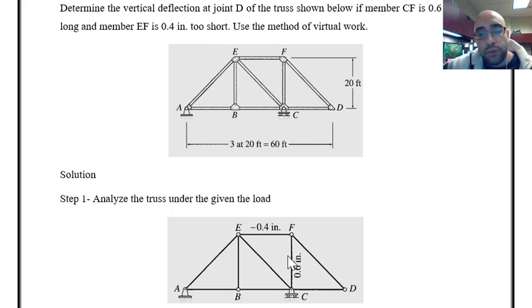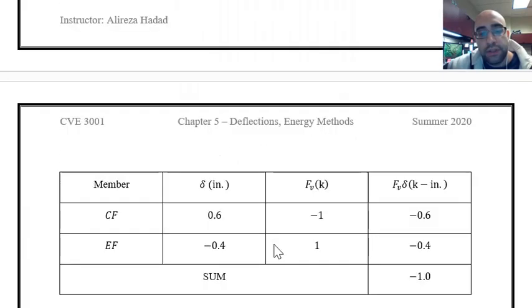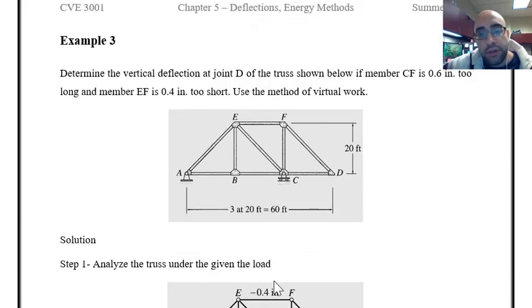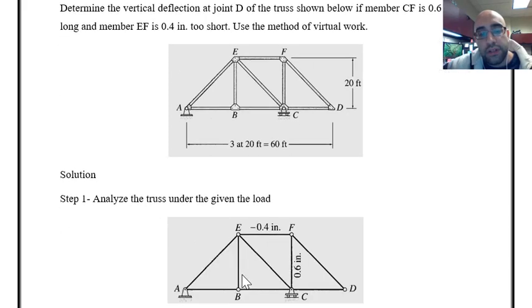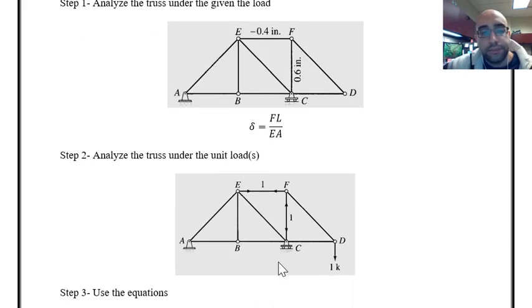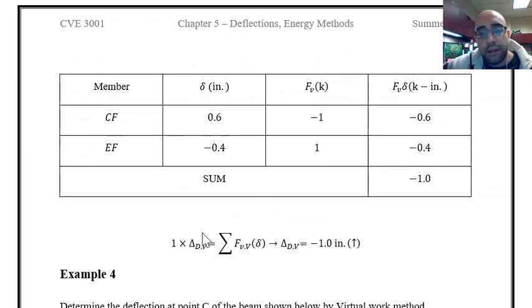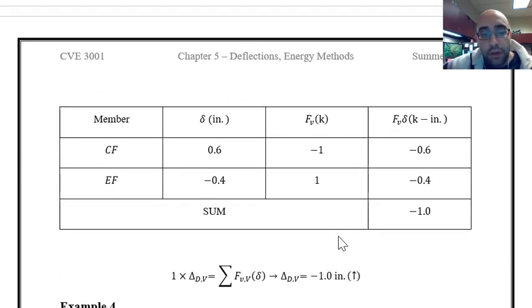And then once you do that, you can simply return them to this table. If it is too short, you have to consider it with a negative. If it is too long, you have to consider it with a positive like this. And then the truss analysis under the virtual force is what we did several times before. I have to just put them in the table and then find the final value.